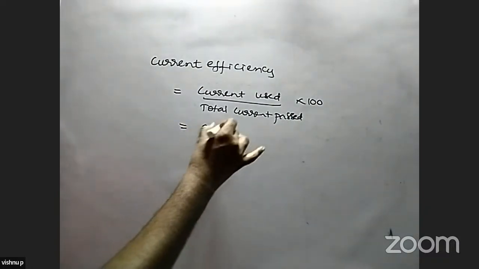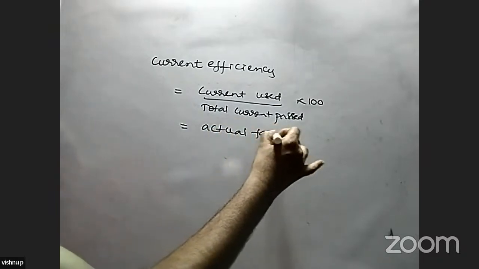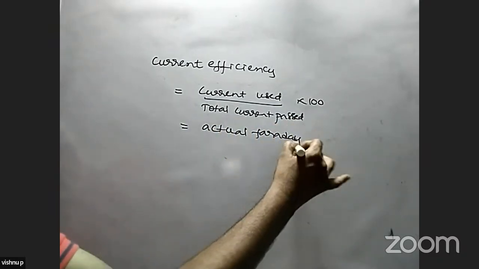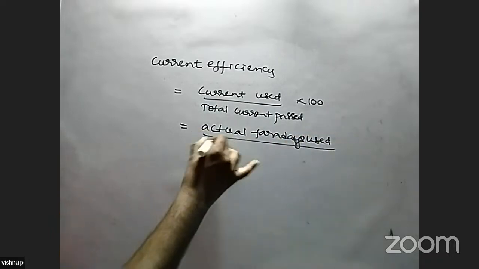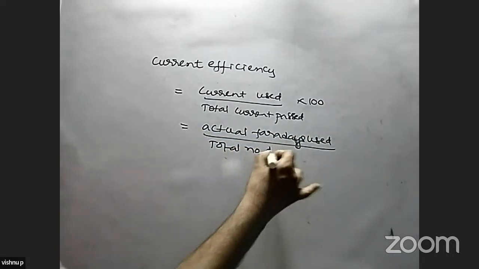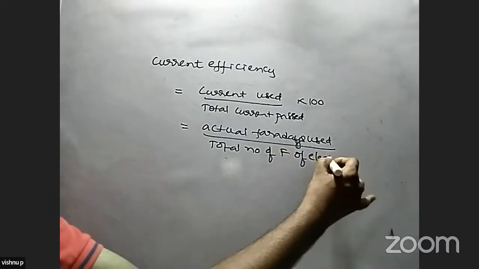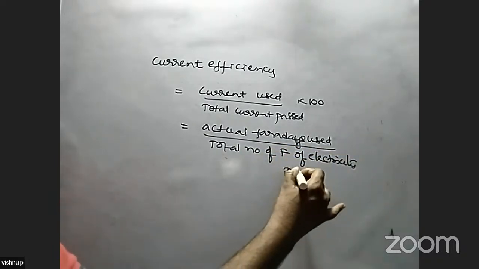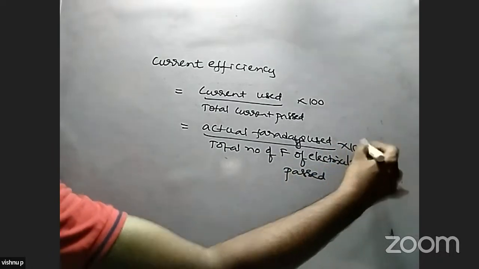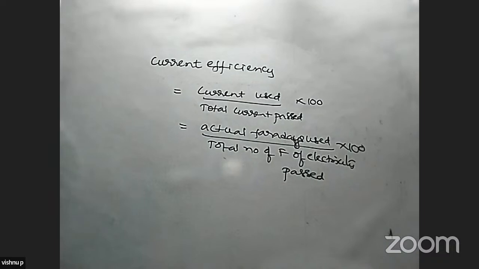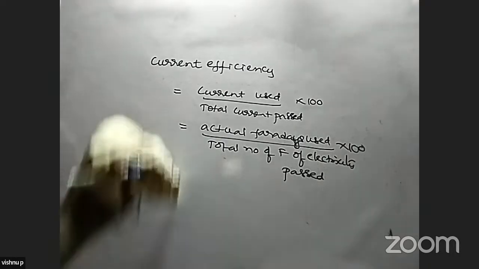Or we write here: actual Faradays used by total number of Faradays of electricity passed, F indicates the Faraday, into 100. This is called the current efficiency. So current efficiency indicates how much electricity is utilized in that electrolysis reaction.